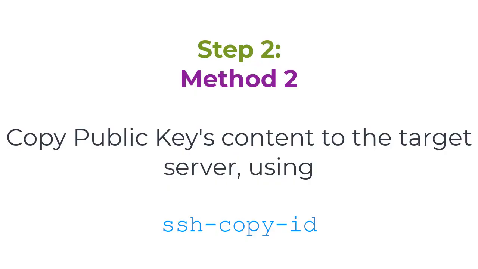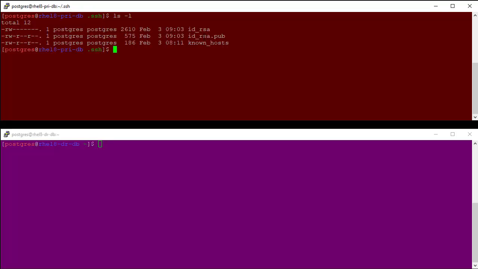Now we go to the second method. In this method, we will use ssh-copy-id instead of creating or copying manually.